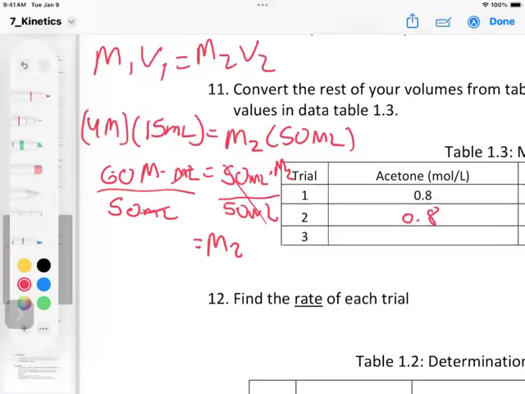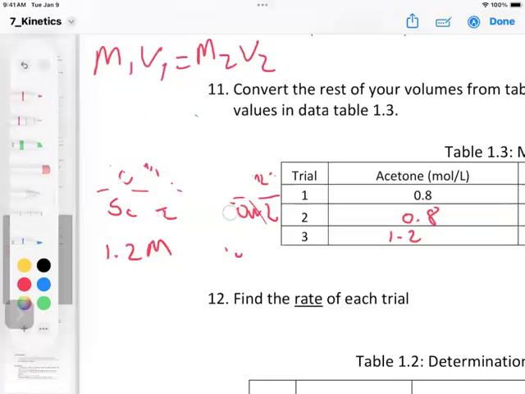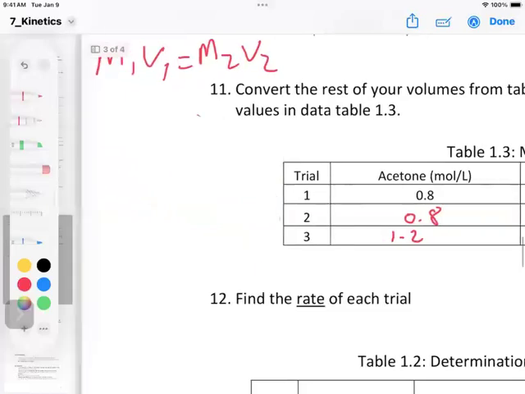1.2 molar. Now we just have to solve this equation one more time, for trial 2 iodine.